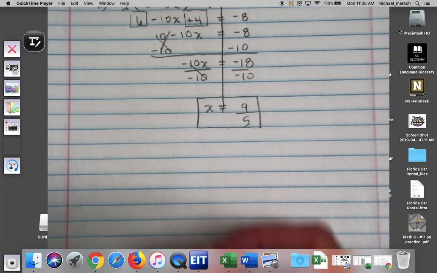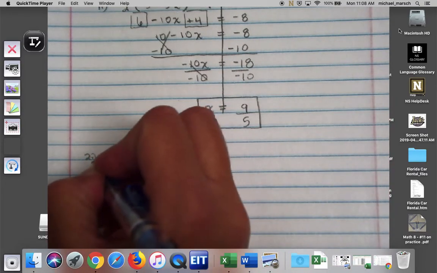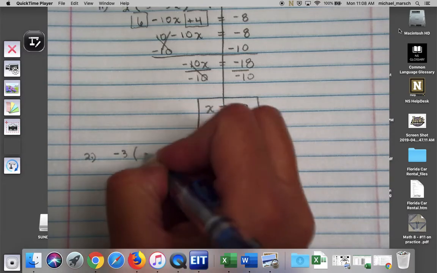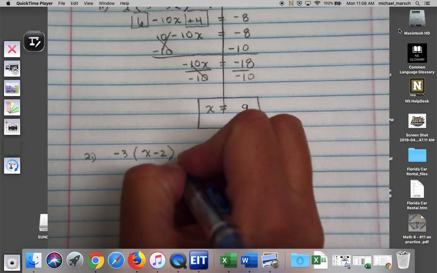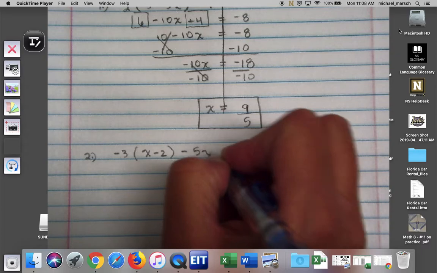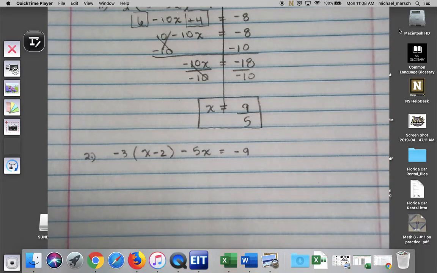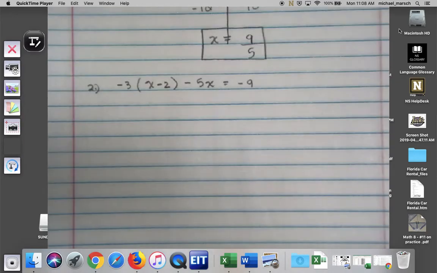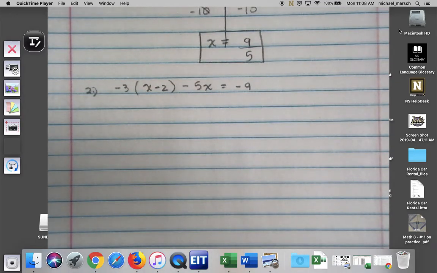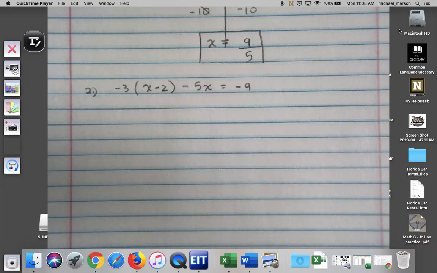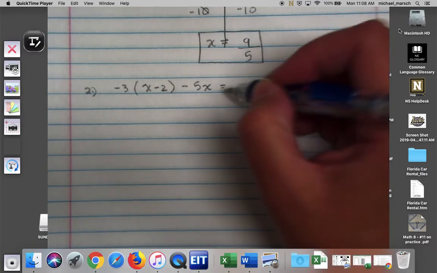All right, let's try another one. I've got negative 3 times the quantity x minus 2 minus 5x equals negative 9. I'm going to draw my wall of equality.